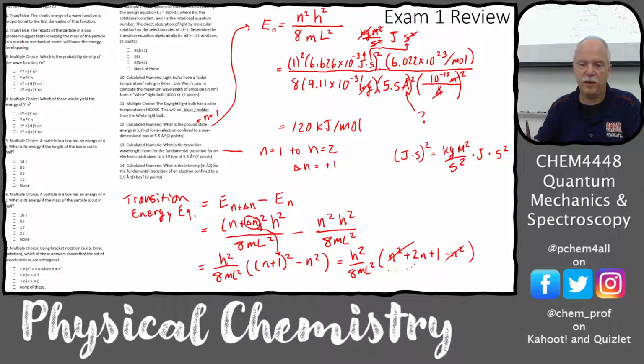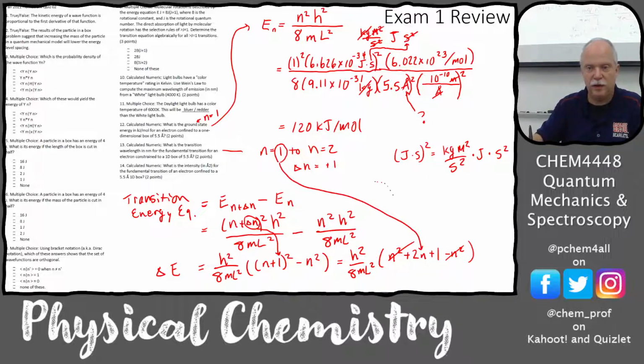And this is going to be my transition equation for that fundamental. When n equals 1, then that's going to be the fundamental transition energy. So that's delta E. So this n equals 1 goes right in for n.